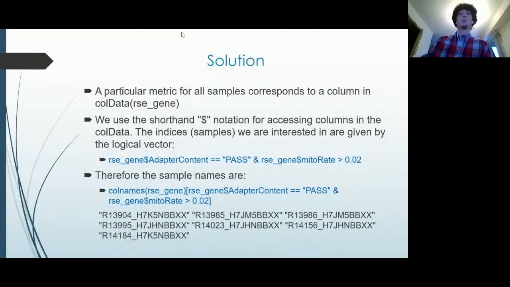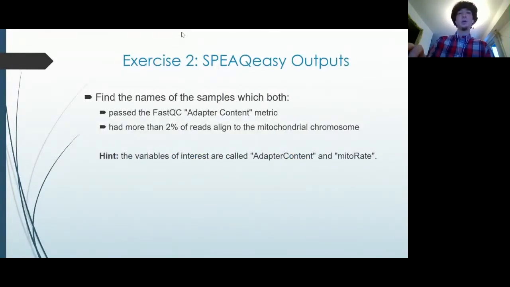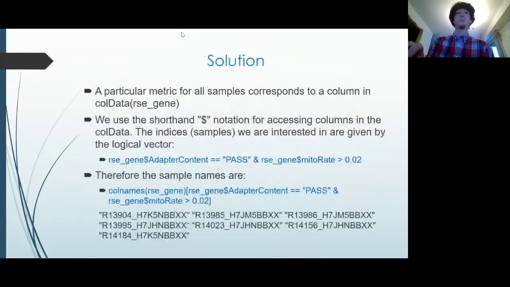So just to form a vector of the indices that we're interested in. Again, we're looking for samples that pass the SPEAQeasy adapter content metric and have 2% or more reads aligned to the mitochondrial chromosome. So that's the adapter content variable. If you check that out, you can see that there's either pass or fail. So we want pass. And then the mito rate variable, we want to be greater than 0.02.